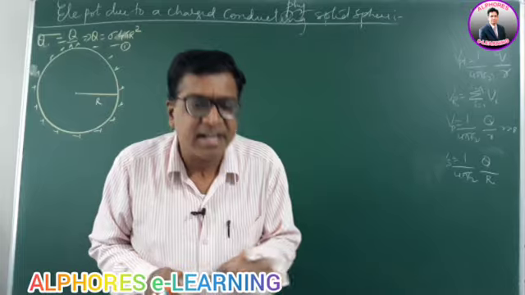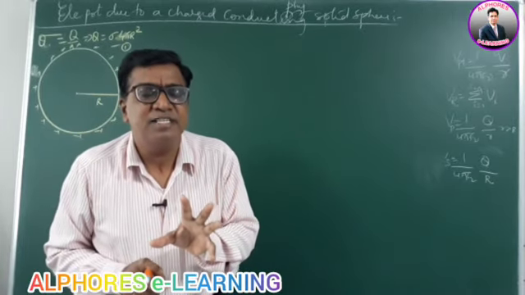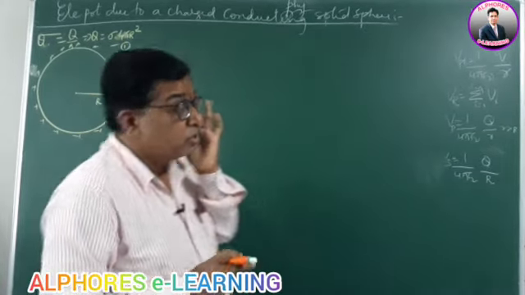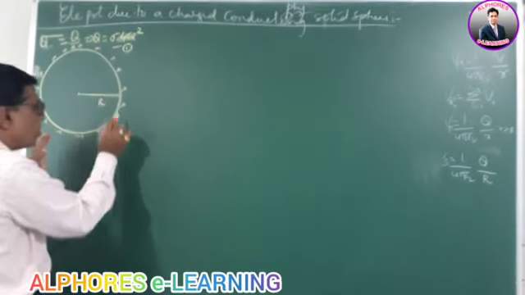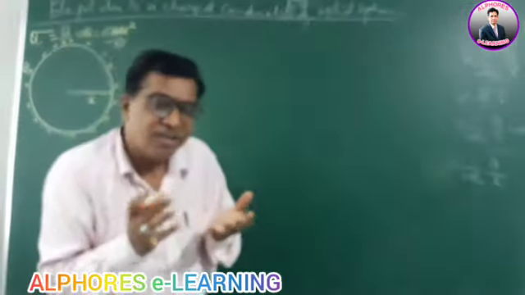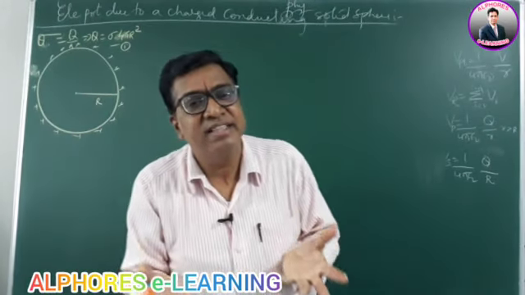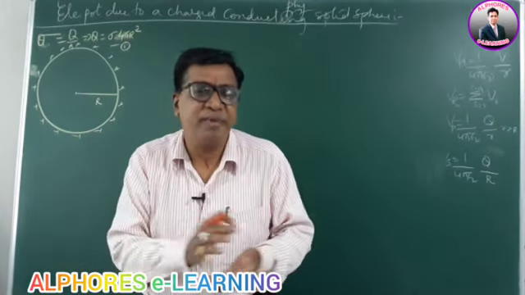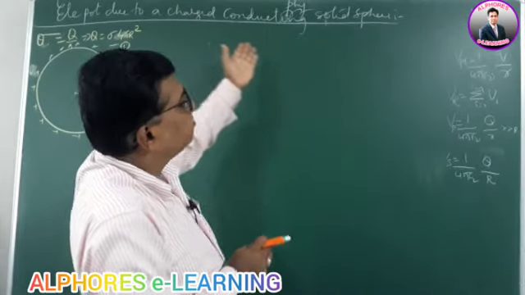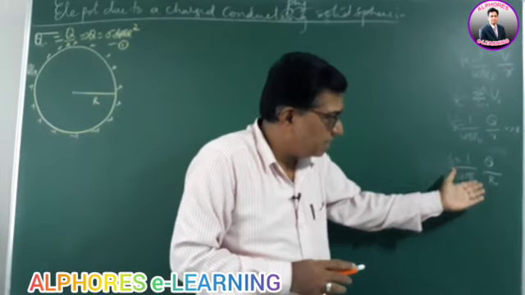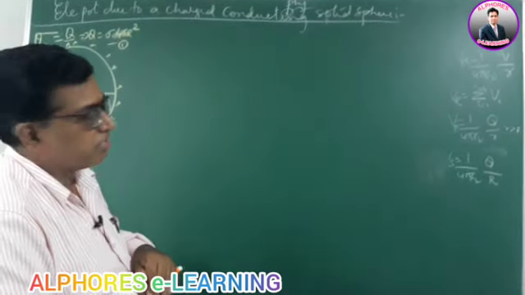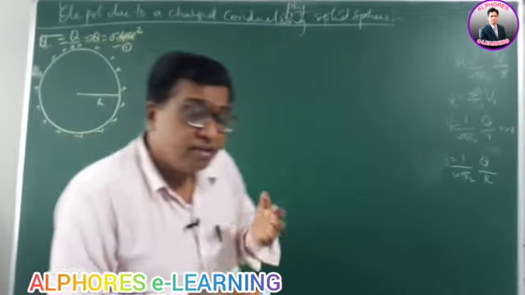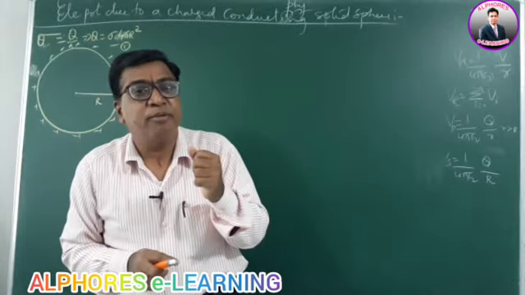So whatever charge you give, all the charge will reside on the surface only. In that sense it is like a hollow sphere. It is the same as the potential due to a hollow sphere, we will get the same. But we will deduce how you can find the potential there. Okay, right? And we have also learned about the shell theorem.